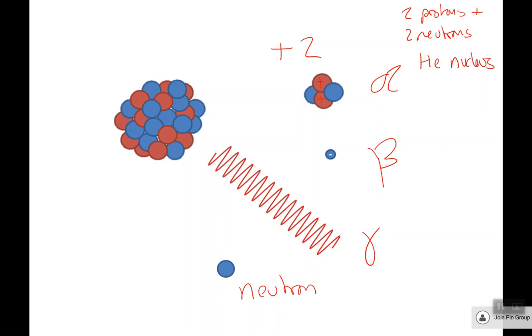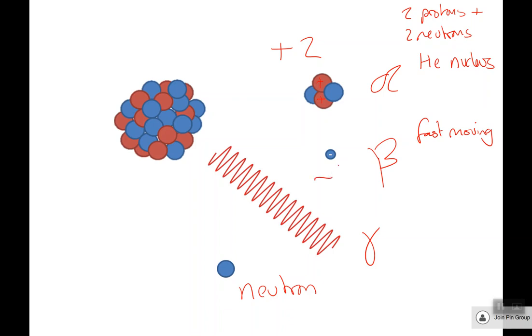Beta. Beta again is emitted from the nucleus. We'll talk about this more next time, but it comes from the nucleus. It's not an electron from the outer shell. It is a fast moving electron. You have to say fast moving. It's got a lot of kinetic energy.